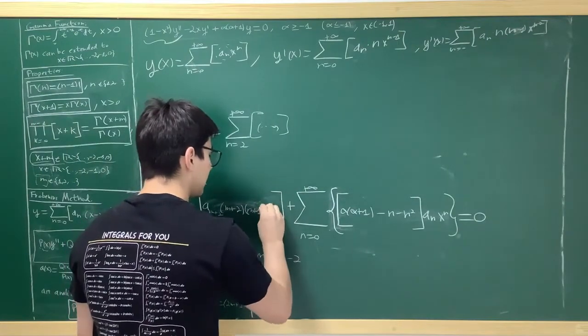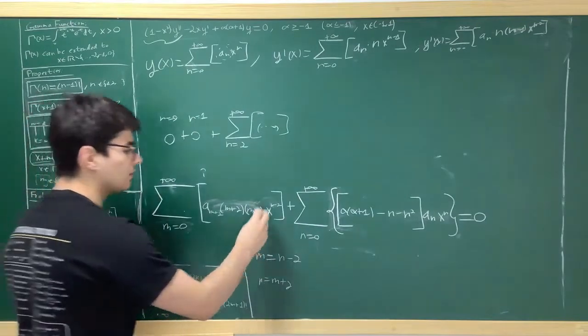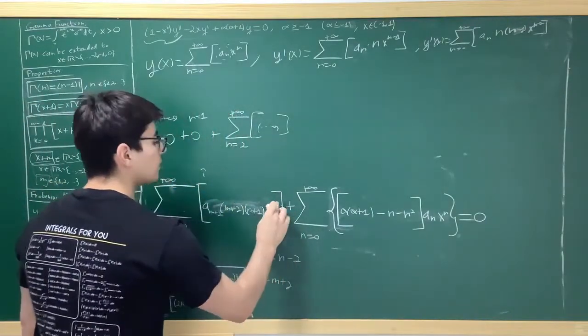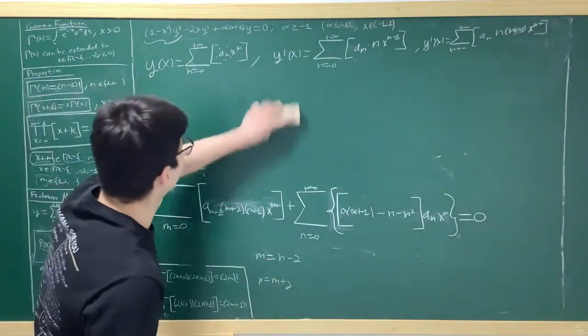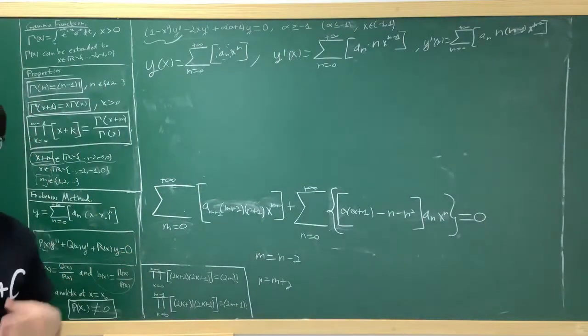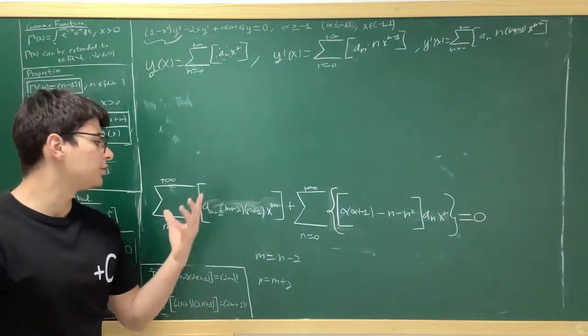Let me just erase this here, and likewise, x to the n minus 2 is just x to the n, so we have this right here. So this is what we get. Now just notice that m is just a dummy variable, that is, all we care about here are the relations between things.